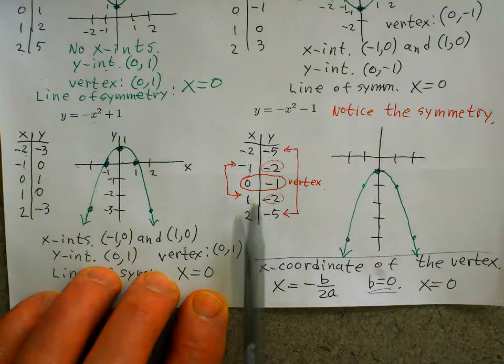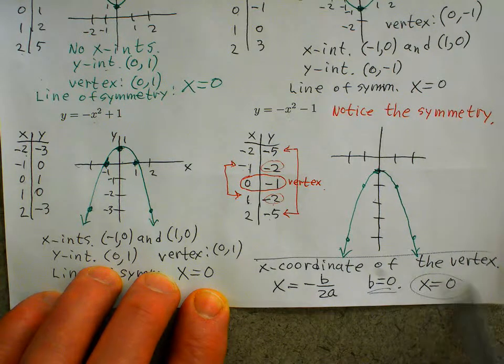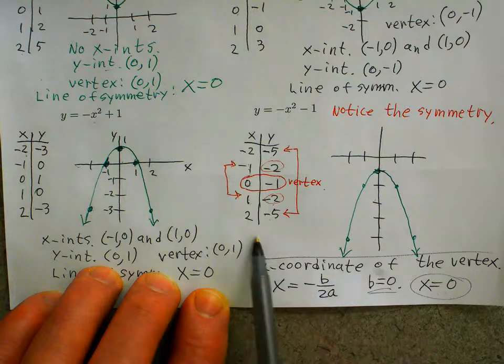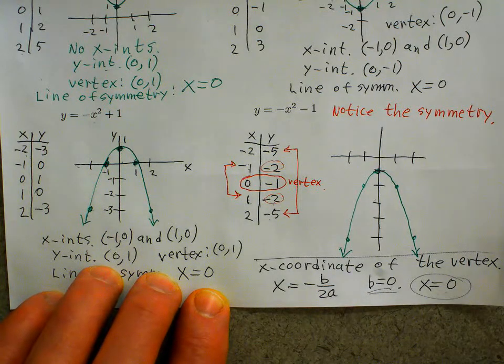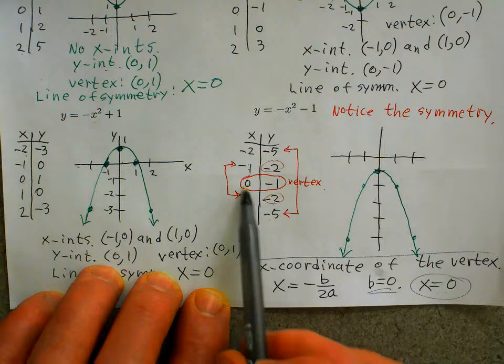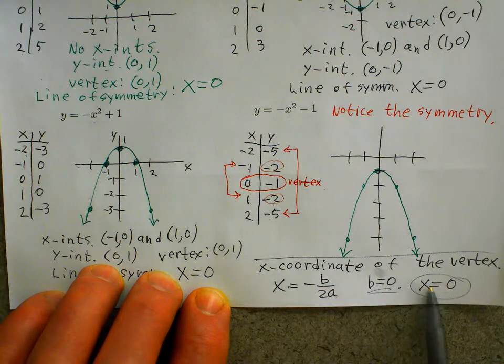So that is, at least in the strategy that I use, when I pick my x values, I just pick 5 usually. I can pick more if I want. But the middle x value is the x-coordinate of the vertex.